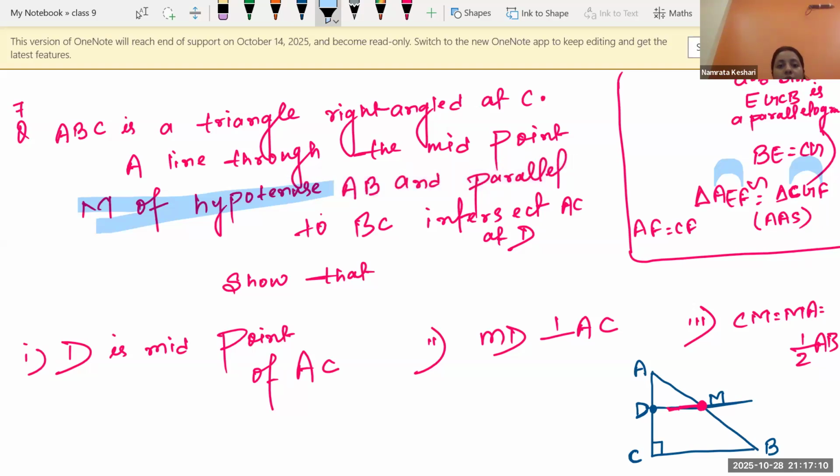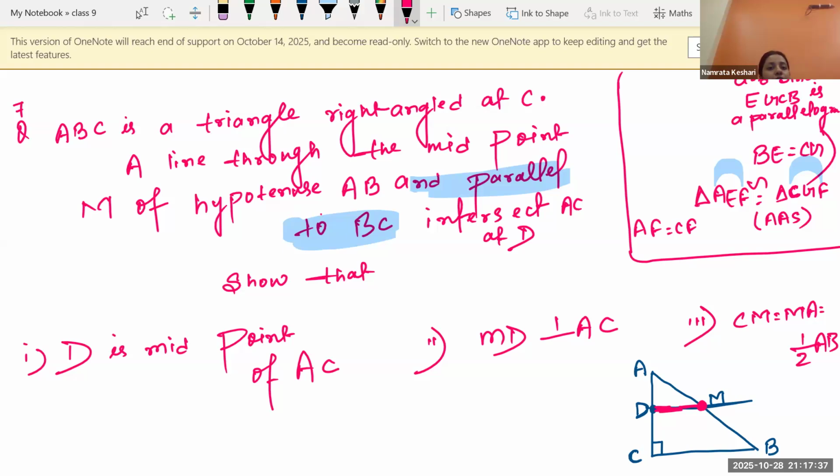It is parallel to BC. If it is parallel to BC, that means we can use the converse of midpoint theorem. And we will say by converse of midpoint theorem, D must be the midpoint. Clear? Yes, ma'am.